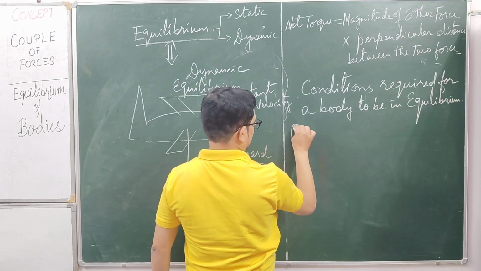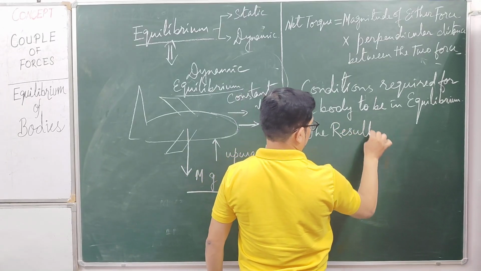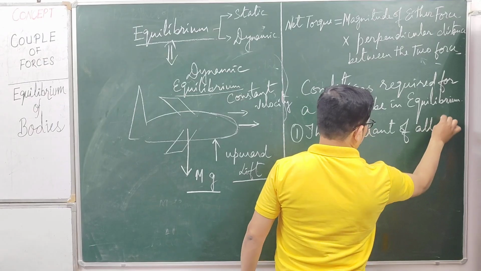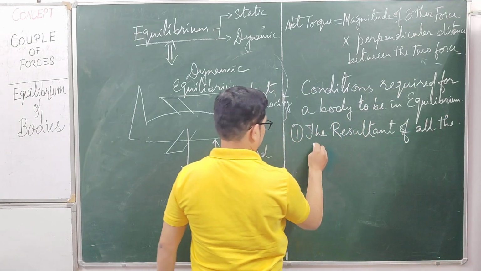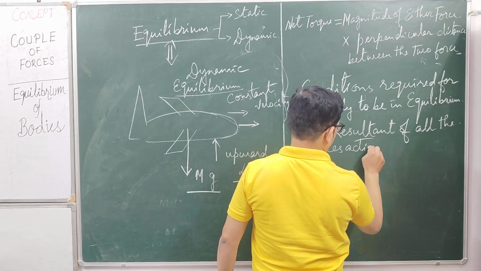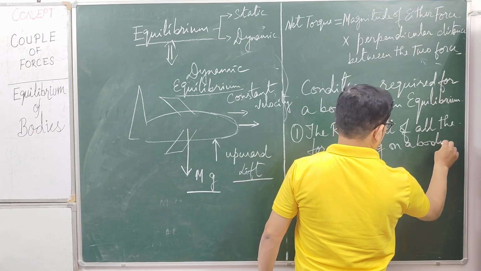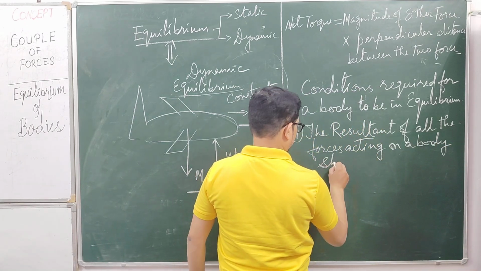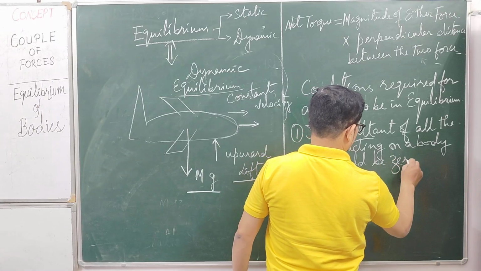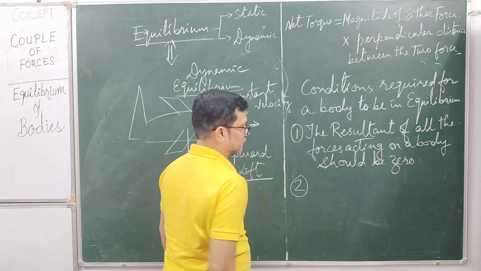First condition is the resultant of all the forces acting on a body should be zero. So this is going to prevent the linear motion.